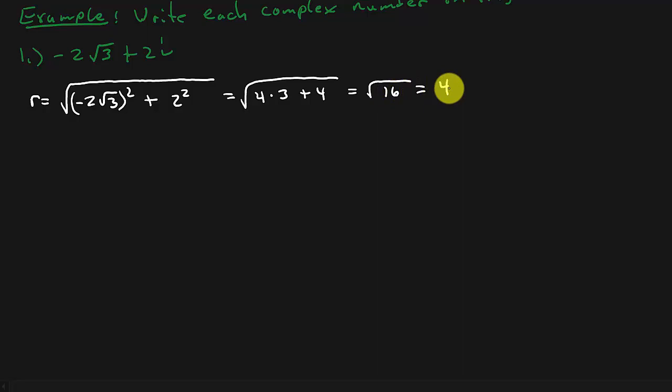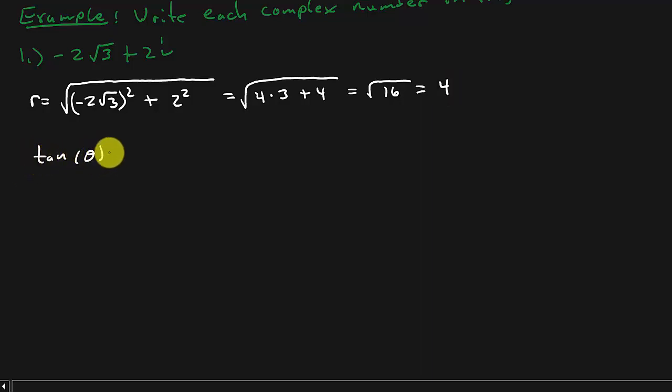Now I need to find theta. All right, so I've got tangent theta is equal to b over a, which is 2 over -2 square root of 3, which is -1 over square root of 3, which is -square root of 3 over 3.